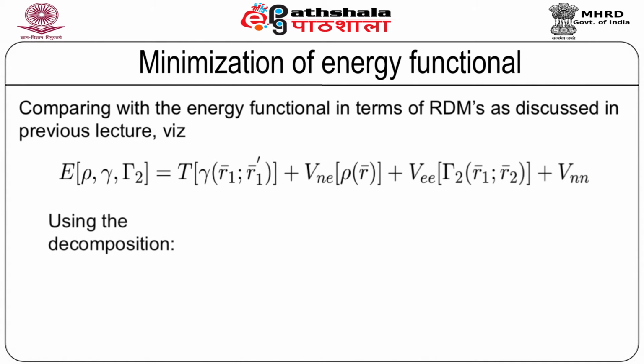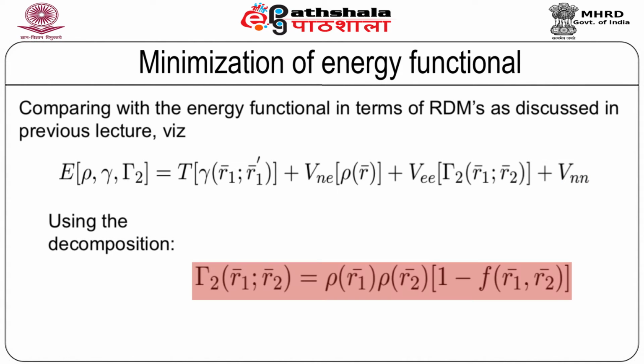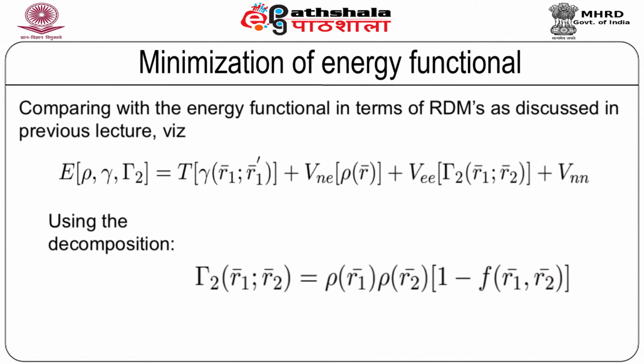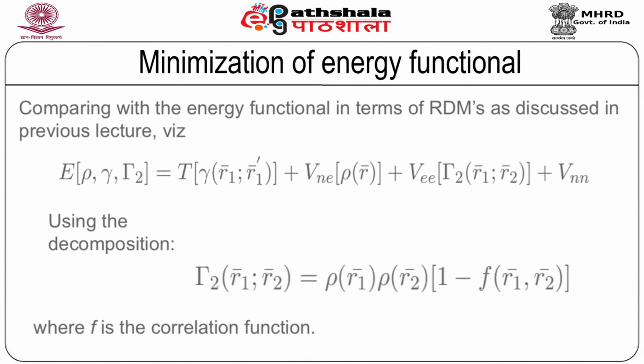Now one can use the decomposition that Gamma 2 of r1 and r2 equals ρ(r1) times ρ(r2) times (1 minus f(r1, r2)), where f is the correlation function.